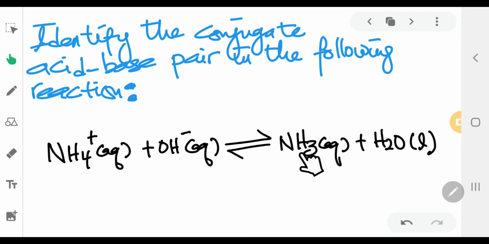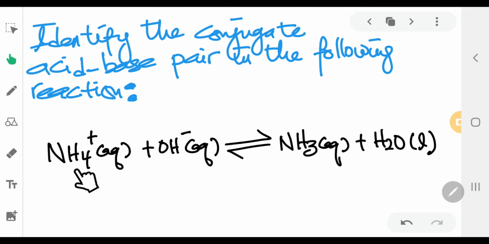So what can we see as the difference here? When NH4 plus aqueous as the reactant reacts with your OH minus, what happened here? This NH4 plus will donate the H plus to your OH minus to become NH3.